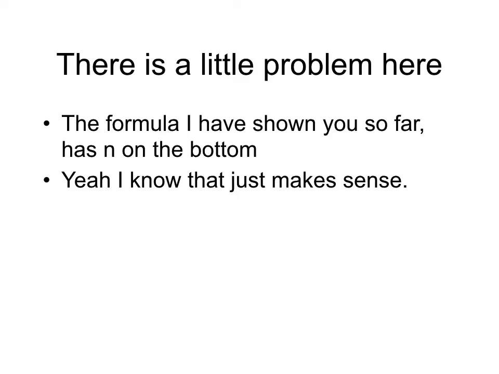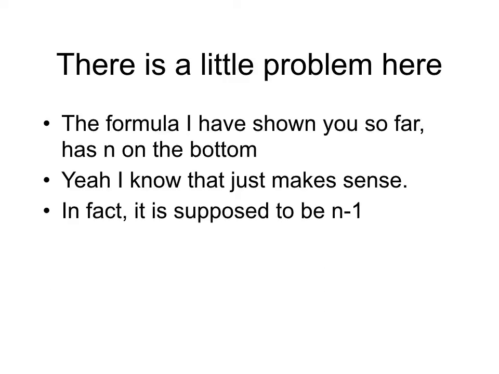However, who said this was supposed to make any sense? Well, actually, hopefully I can convince you what the deal is. It's in fact supposed to be n minus 1.